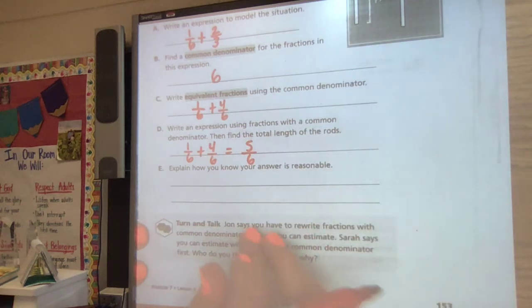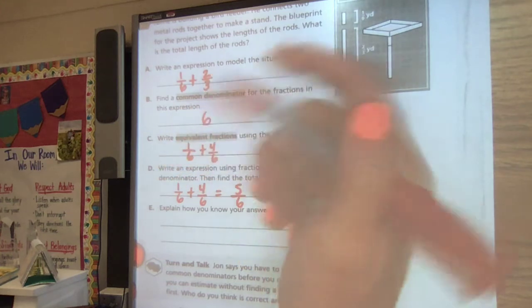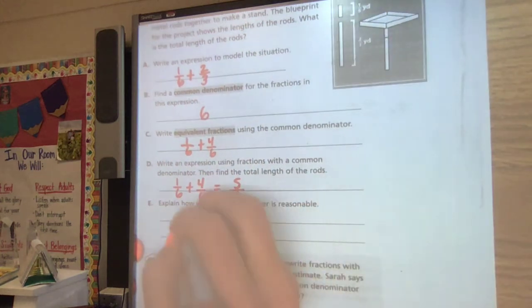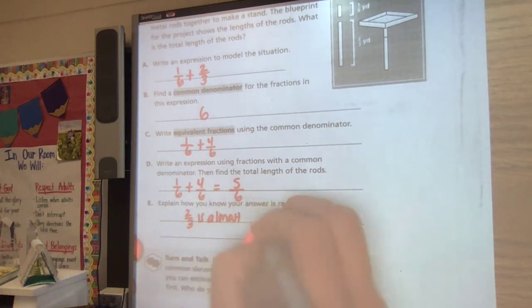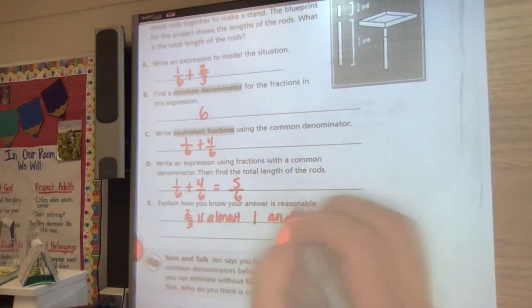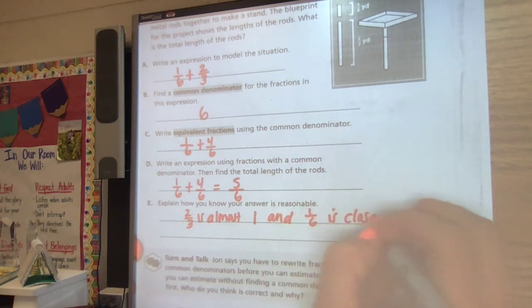How do we know our answer is reasonable? So let's think about that. Okay, we could have estimated. 2/3 is almost 1. And 1/6 is really close to 0.